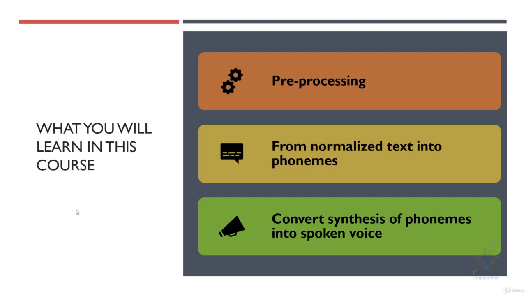First step is learning how to pre-process your text. This is something called normalization. In this step of the conversion process, you will learn the conversion of symbols, numbers, and abbreviations into words that can be read by the machine.